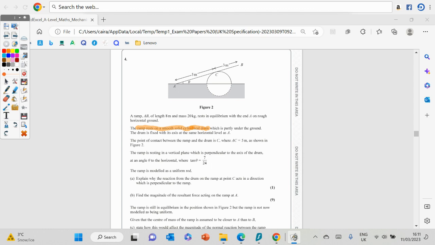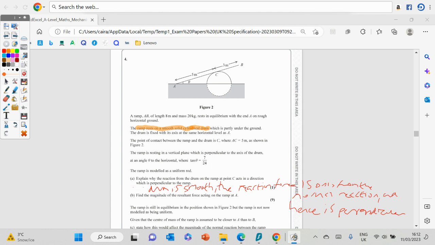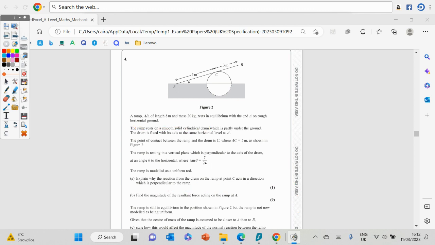So because the drum is smooth, the reaction force is only from the normal reaction, and hence it's perpendicular. Not easy, but there you go.